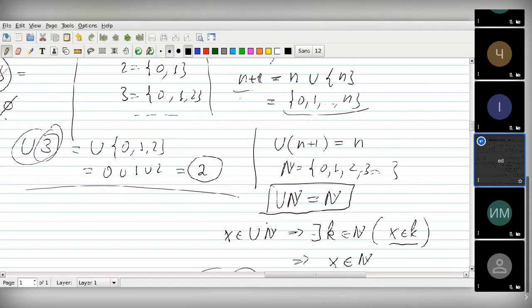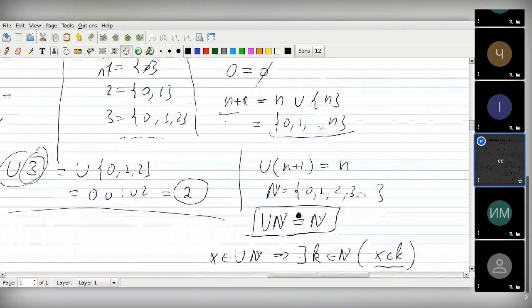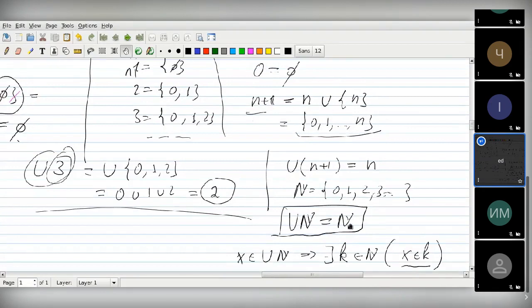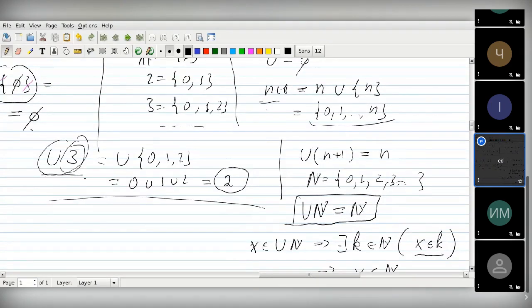So the set of naturals is a kind of limit. Union of naturals equals naturals, but for every natural number itself, that's not true. The union of 3 equals 2. 2 is an element of 3, hence, by the foundation axiom, 2 is not equal to 3.